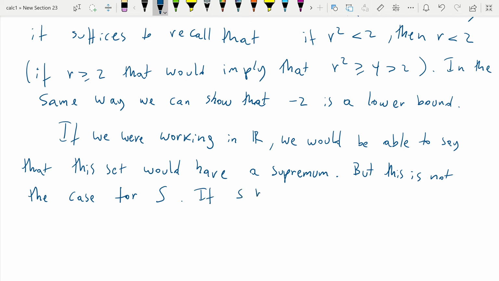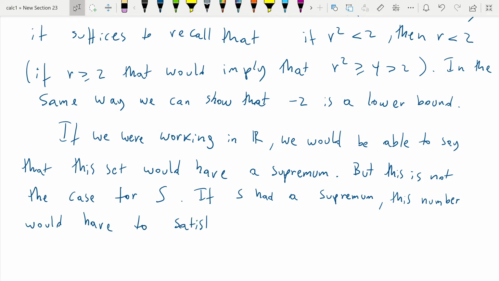If S had a supremum, this number would necessarily have to satisfy that the supremum of S squared would have to be equal to 2.